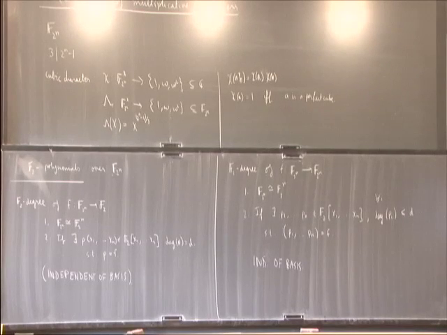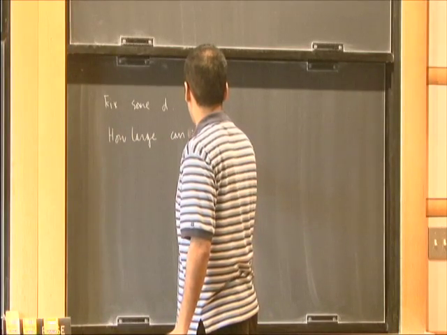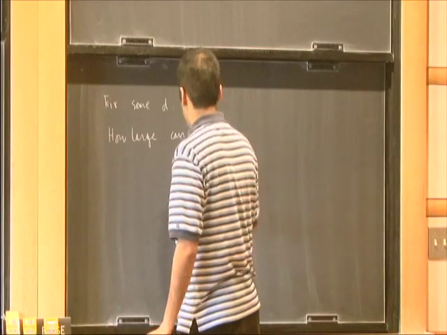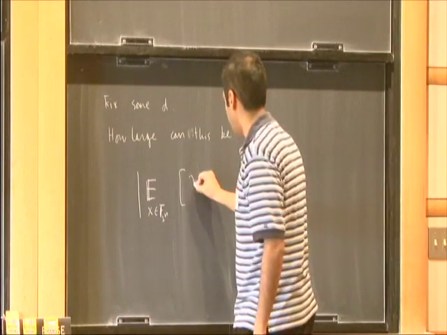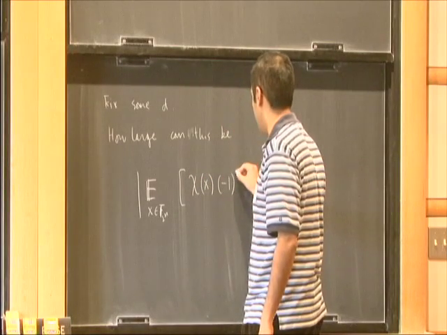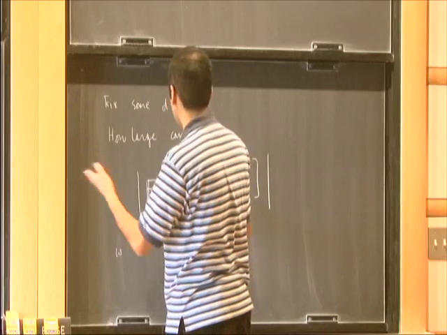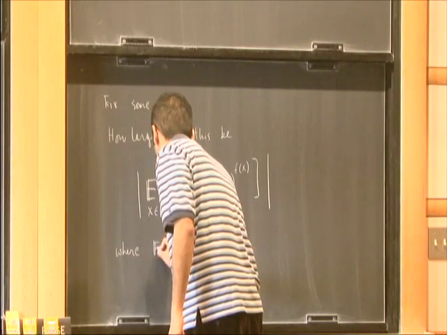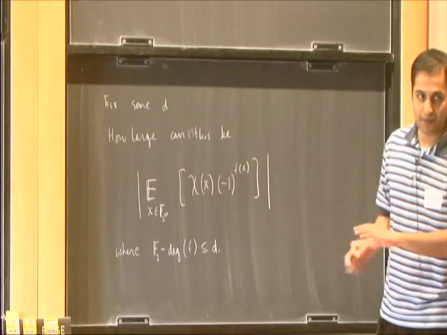The first one is, I fix some d, then how large can the following quantity be, which measures the correlation between these: I take the expectation over a random x in F2^n of chi of x times -1 to the f of x, where the F2 degree of f is at most d. So this is question 1 that I want to try to study.